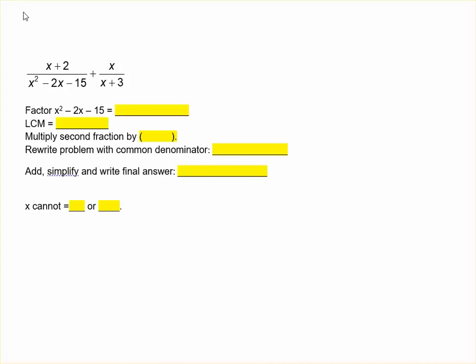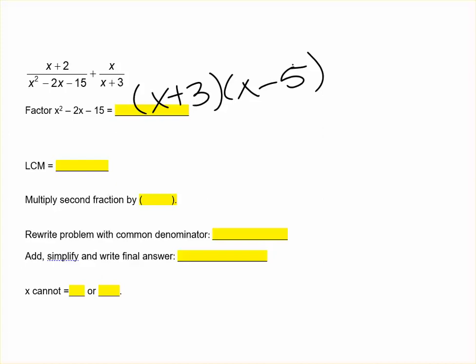I am looking for two numbers that multiply to equal negative 15 and add to equal negative 2. So the factored form would be x plus 3 times x minus 5. Now the nice thing about this is you'll notice that x plus 3 was also a factor of the second fraction.